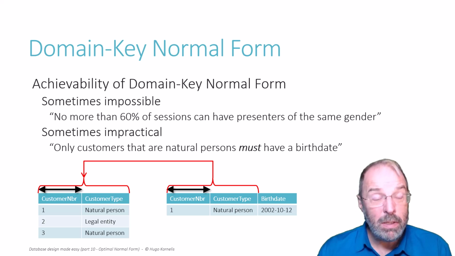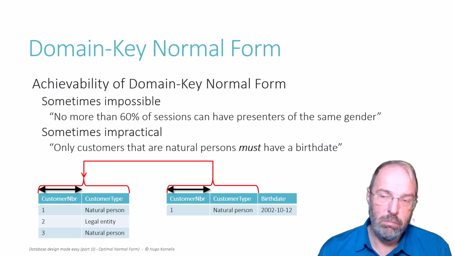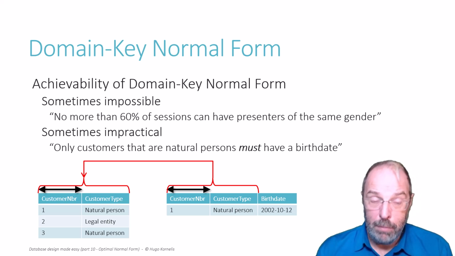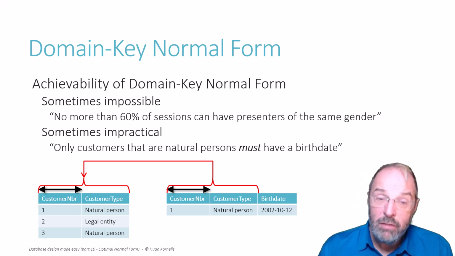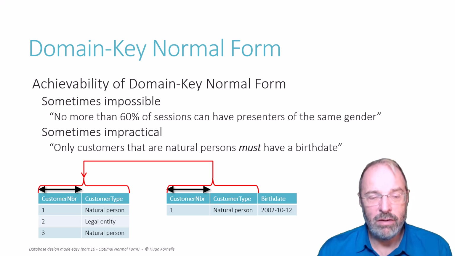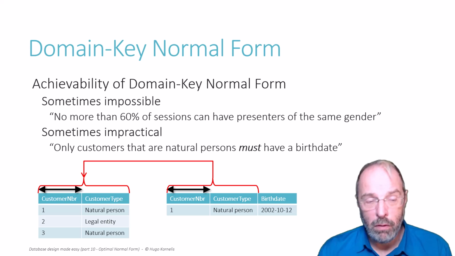There is simply no way in relational databases, apart from writing custom code of course, but using standard rule domains, or even the widened definition of constraints, and using standard keys, there is no way to force customer number 3 to be in the natural person table.